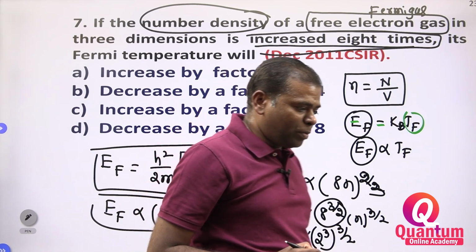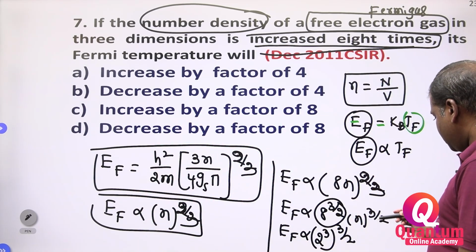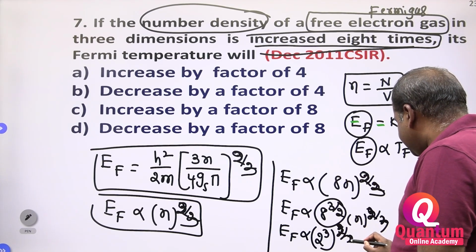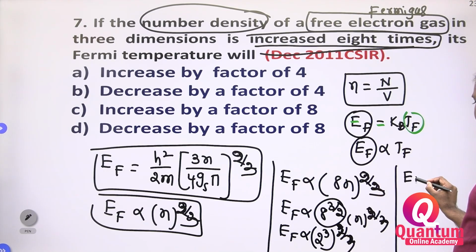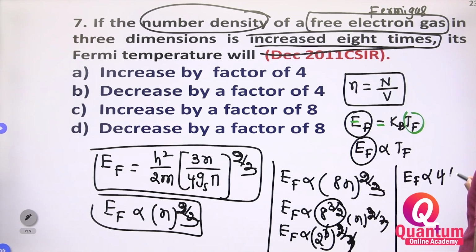EF is directly proportional to 2 by 3, so the 3 gets cancelled and you get 4 into n to the power of 2 by 3.